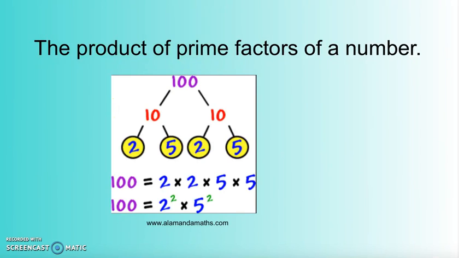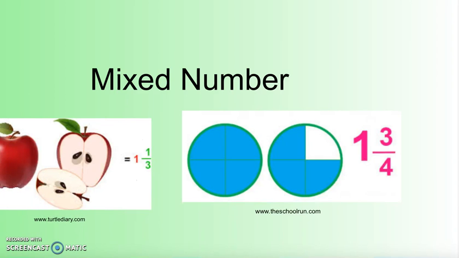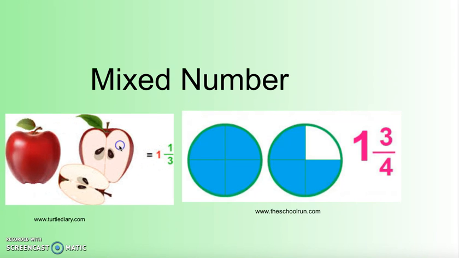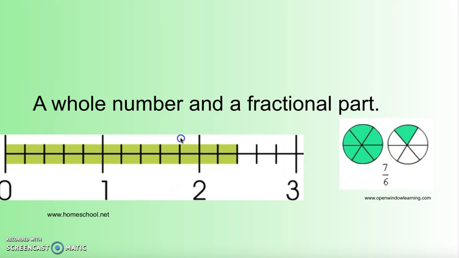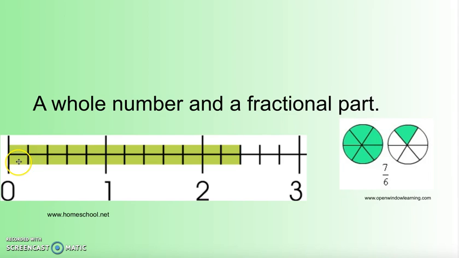Okay, so let's look at our next term. Next one is mixed number. Well, a mixed number, what definition would you give that? Looking at these pictures, what are mixed numbers? Yes, mixed numbers are numbers that have a whole number and a fractional part. So like this number line actually shows that there is 2 wholes.